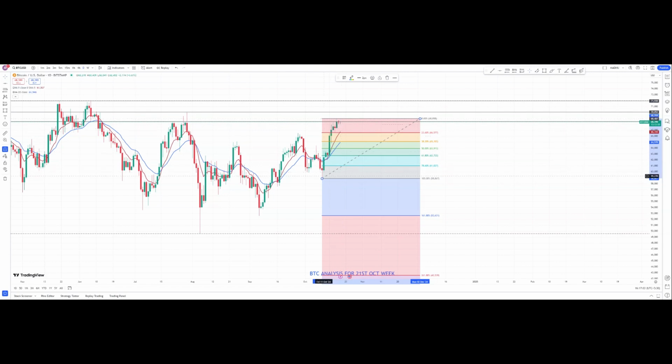Also, the distance between the EMAs 9 and 20, the market is performing very far away from these two moving averages. So there is a possibility we need a retracement.